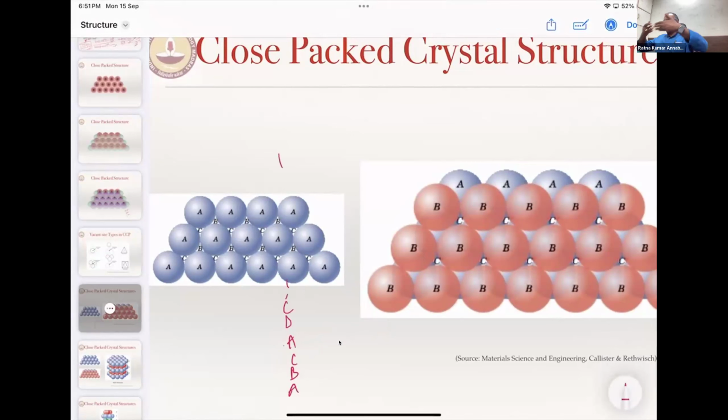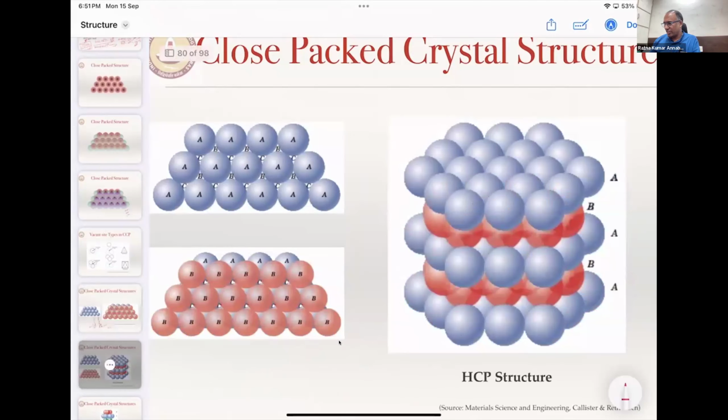That's how you are creating out of plane. Instead of ABC, ABC, if you do AB, AB, AB, both of them are close packed configurations. It is just that the way that you are stacking them is different. If you stack them in this fashion, then you get an FCC crystal. If you stack them in this fashion, then you get an HCP crystal. Both of them are close packed, and hence you will see that their packing fraction is 74%.